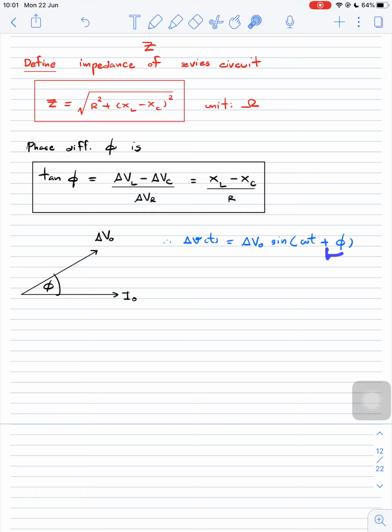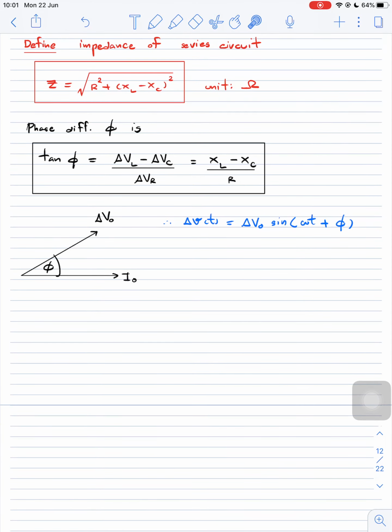Now this phi is going to be the phase difference between the current I and delta V here. From this picture, you can see that the phase of delta V is leading the phase of the current by the phi.